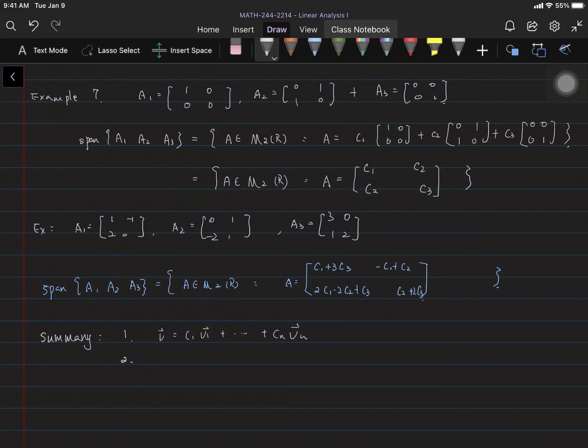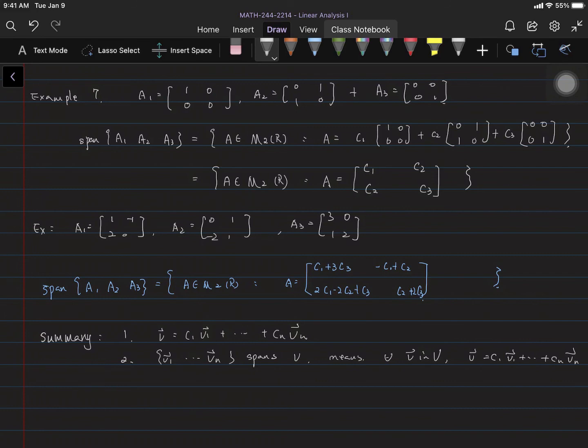The vectors V1, ..., Vn span the vector space V, which means any vector in V can be written as a linear combination of those vectors.